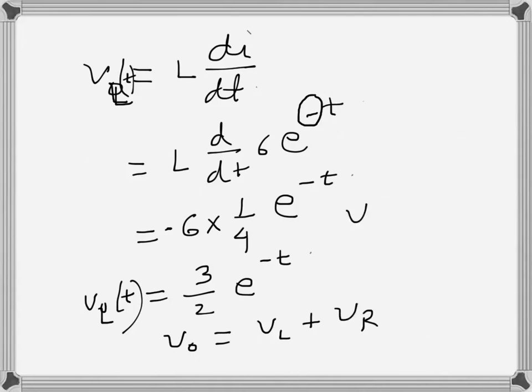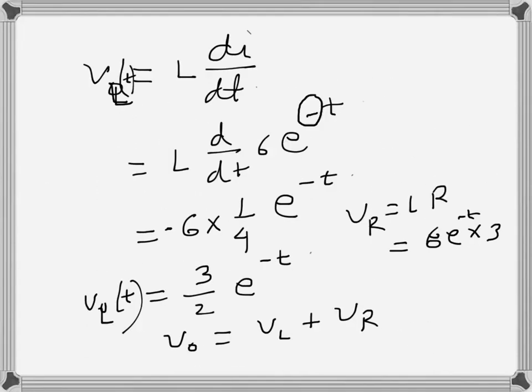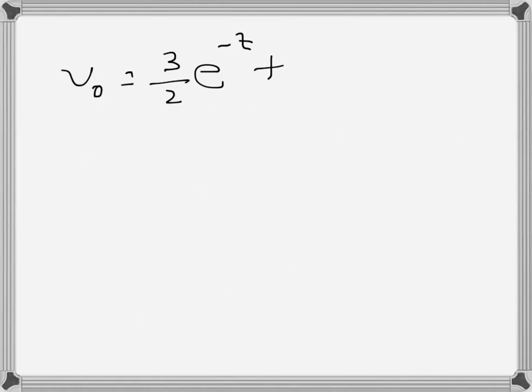Now VR will be just I into R, and I is given as 6 e to the power minus t times R. R is here 3 ohms, so that will be 18 e to the power minus t. So our total voltage VO will be 3 over 2 e to the power minus t plus 18 e to the power minus t.